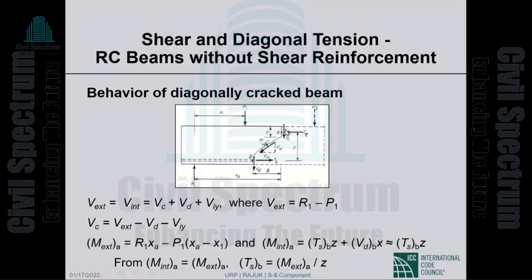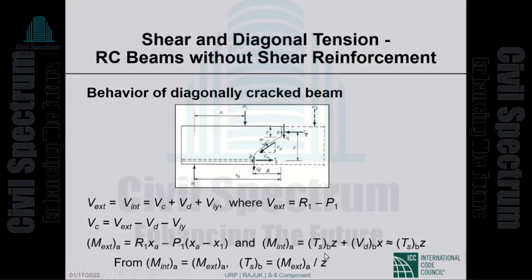Internal moment about point A would be the tensile steel force at section B, that is TSB, times the distance Z, you can call it the lever arm, plus the dowel shear V sub D at B multiplied by this distance X, from the dowel force to the point A, and the dowel shear is typically not big, so that term can be neglected.